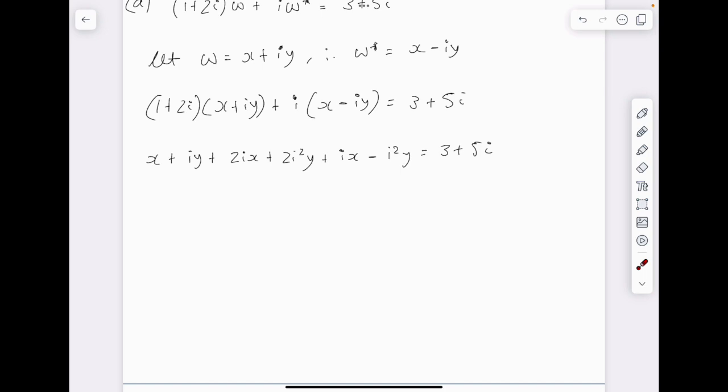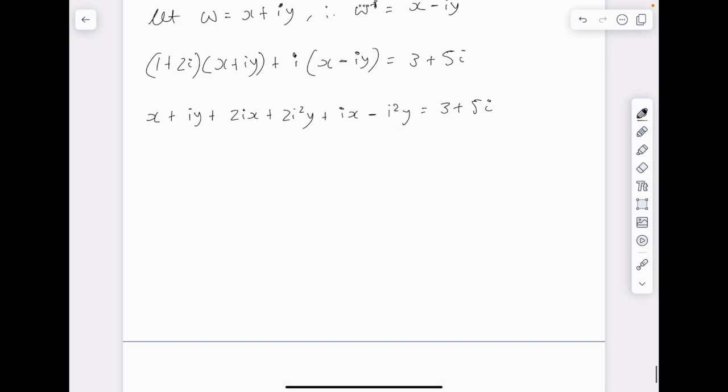Simplifying this out, we get x plus iy, x minus 2y plus ix plus y. Just checking I've got this.